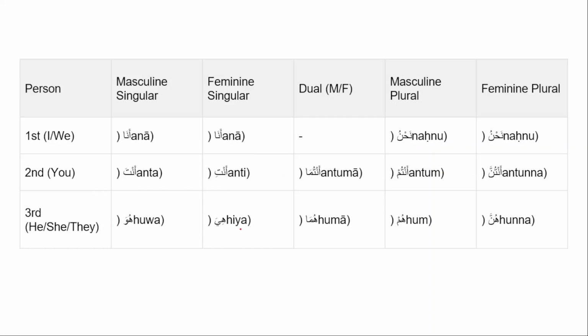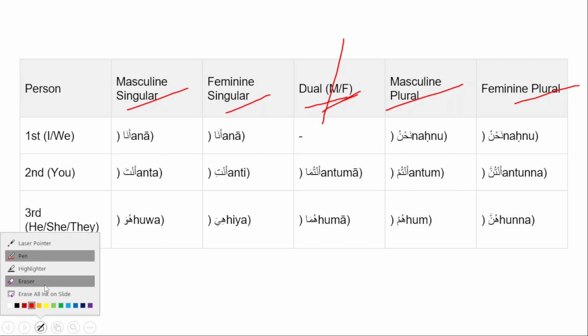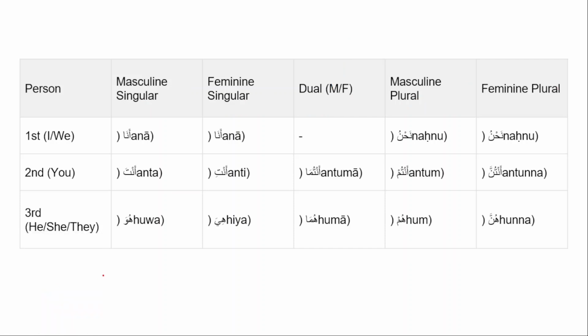Third person is huwa, hiya, huma, hum, hunna. Remember this: masculine, feminine, dual, masculine plural, and feminine plural. Every word changes depending on feminine and masculine, and also remember the dual.